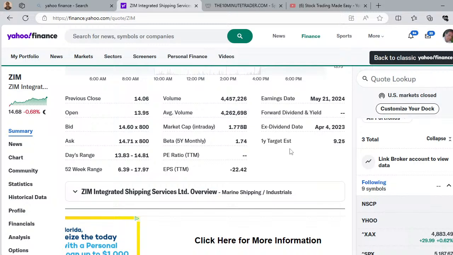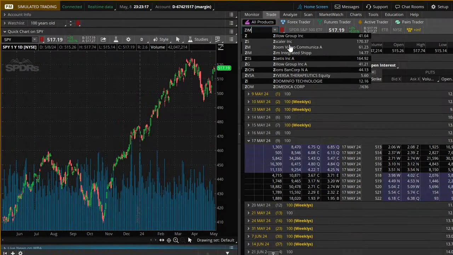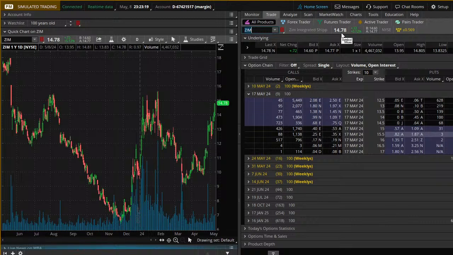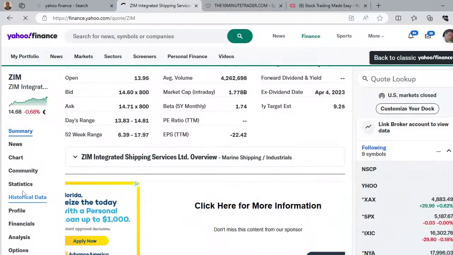Okay, so let's take a look at the numbers for Zim. Historical data on Zim.